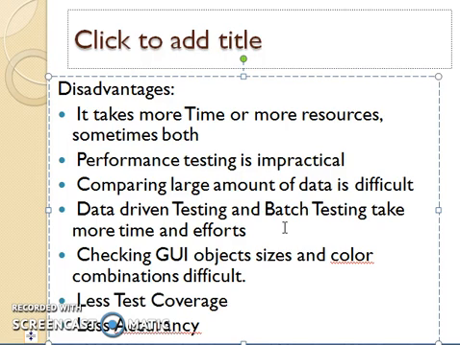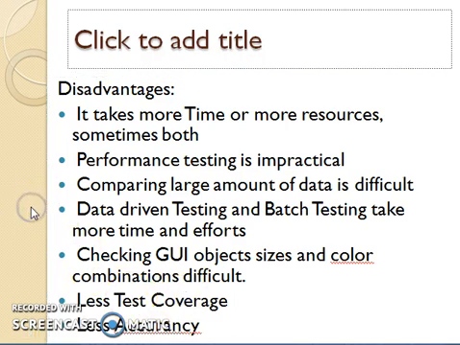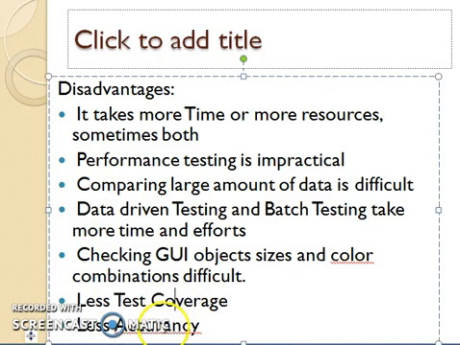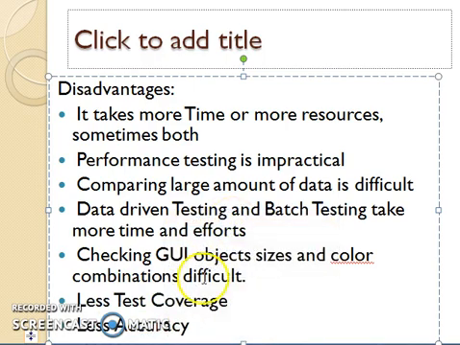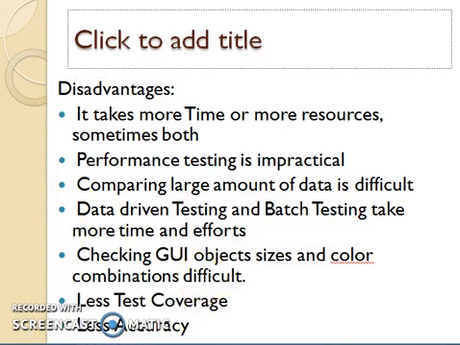Data driven testing and batch testing also take more time and effort. Checking the GUI object size and color combination is also difficult. Then less test coverage, it is very difficult to cover all the different defects. And less accuracy, as humans are involved, they may make mistakes.